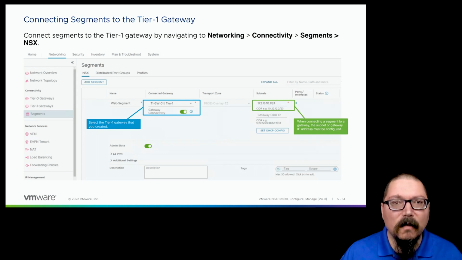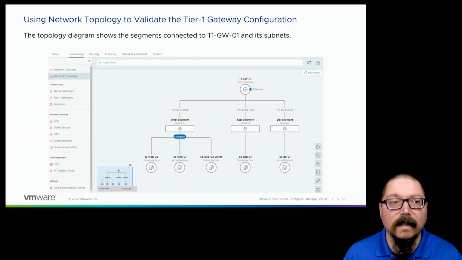But what we need to do is go in and edit those segments and choose the connectivity option. What gateway do we want to attach to? And we'll get a drop-down menu that simply lists out all of the gateways in our environment. If we haven't set one, we'll have to set a gateway IP address to configure on that router interface. And then we just save what we've just edited. We save the new configuration for the segment, and now our segment is actually attached to our tier 1 gateway.